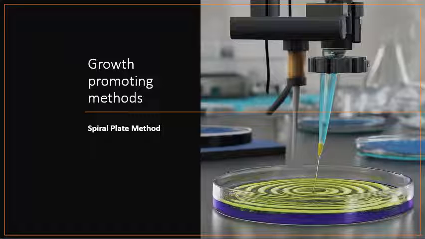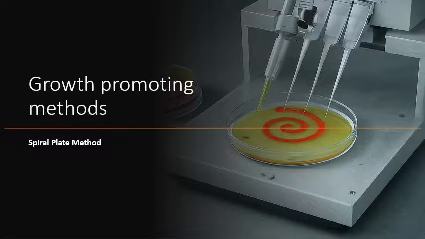So it reduces the need for multiple dilutions, and it offers a highly standardized and reproducible technique during the assay. So this is how it will look like after the results. It will look like this, although this may not be exactly the way it is, but the growth pattern will form in a spiral form.